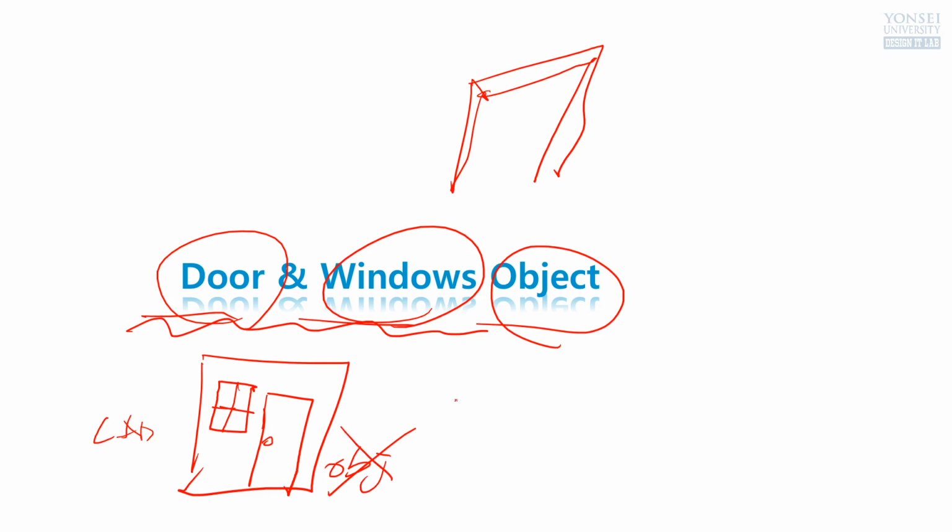But in BIM model, wall objects should be modeled and opening modeled first, and then door object should be modeled exactly inside of this opening, right? Why? That's reality, right? We have to make a void space first before placing door object or window object. We need opening first.